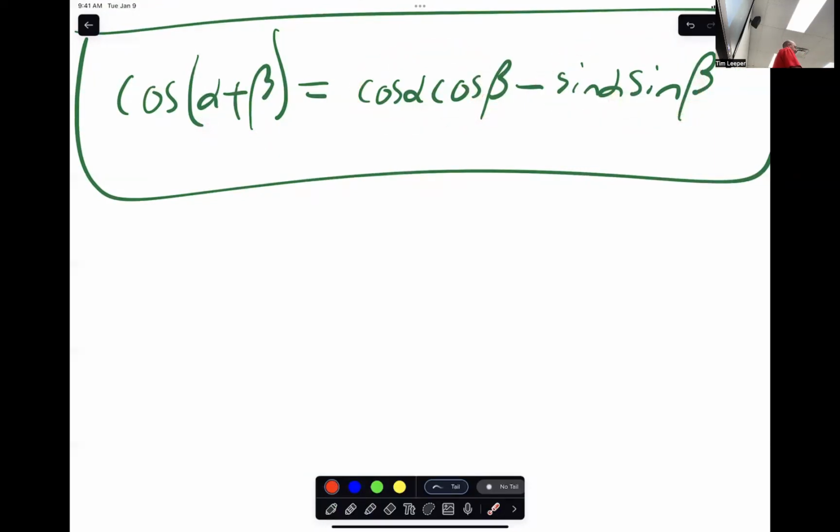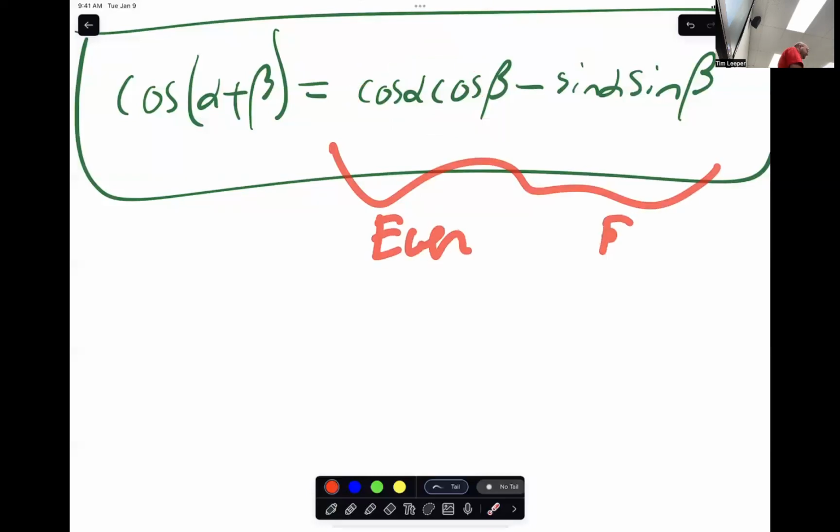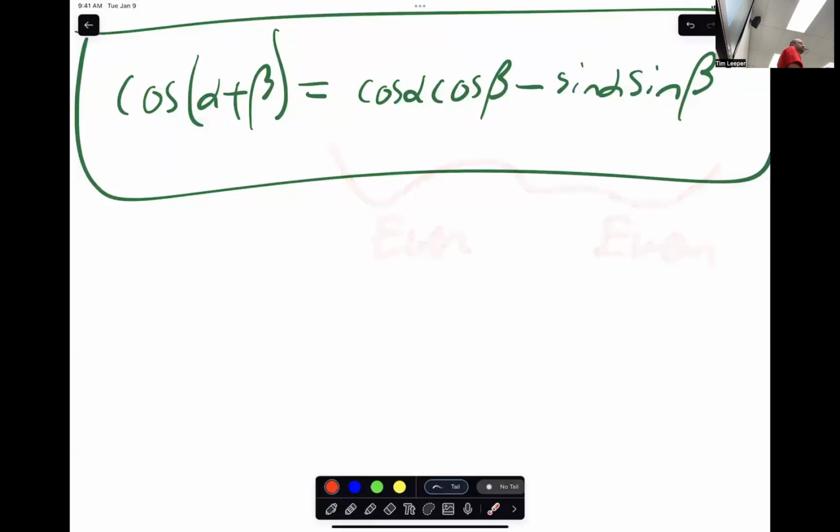Well, first of all, cosine overall, is that even or odd? Cosine is even. So we need stuff to multiply together to give us evens because we have a sum. So these would both have to be even, and even when you add them together, right?